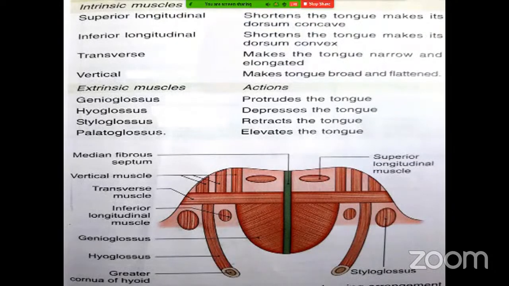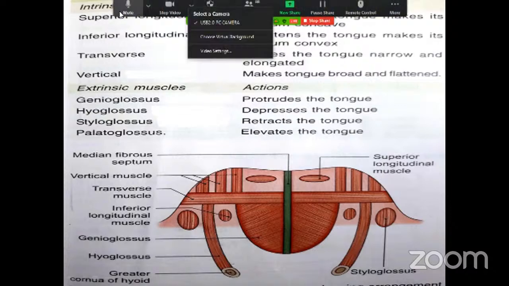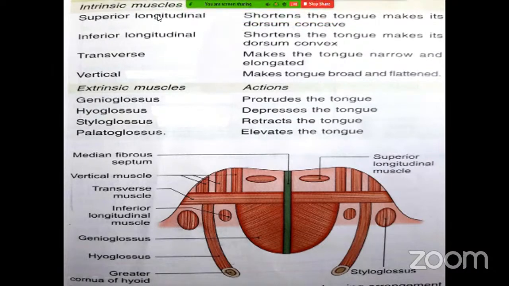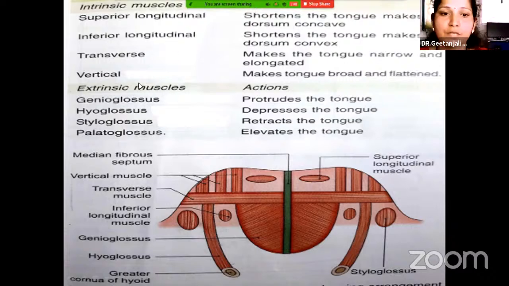See here, the four intrinsic muscles, that is superior longitudinal, inferior longitudinal, transverse and vertical. This is our superior longitudinal muscle, and this is inferior longitudinal muscle.